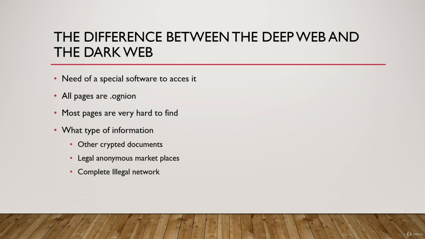The deep web is, let's say, 94% of the internet, but the bad things of the dark web are just a tiny percentage of it. Not as people say, but yes, you can have very bad stuff. For example, in the illegal network, you can have racist content. You can have some very bad websites.